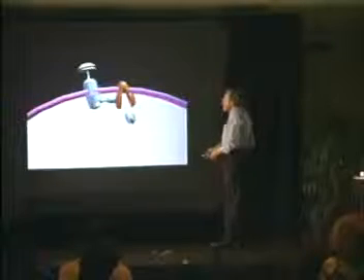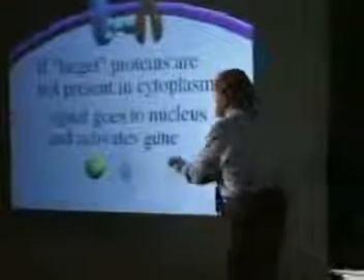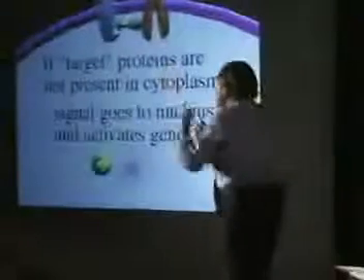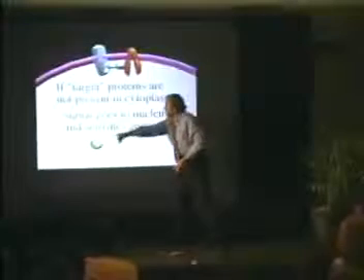So let's watch the behavior of this as it happens. So basically what's going to happen is this. The environmental signal joins to the receptor, activates this whole process, but look, the signal goes down, the proteins are missing. If the proteins are missing, I need the proteins to make the proper response, but they're not there. So what I have to do then is take this signal and go into the nucleus of the cell where the DNA is.